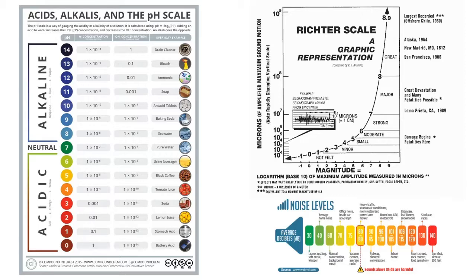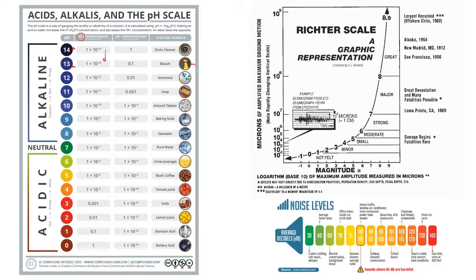In the case of the pH scale, the concentration of hydrogen ions in a solution is 10 times greater when we go from one pH level, like 14, to the next.